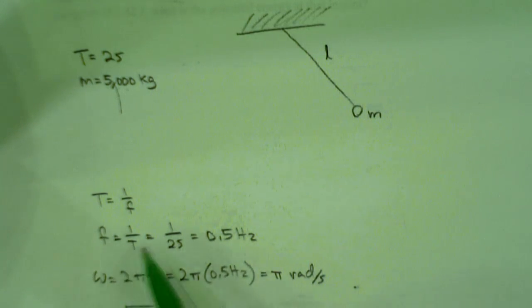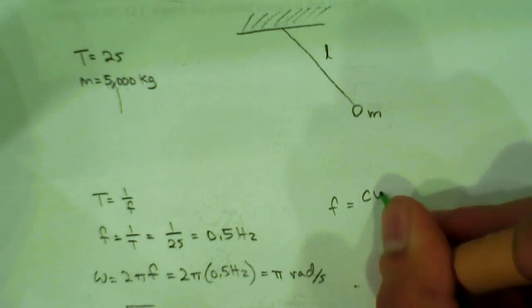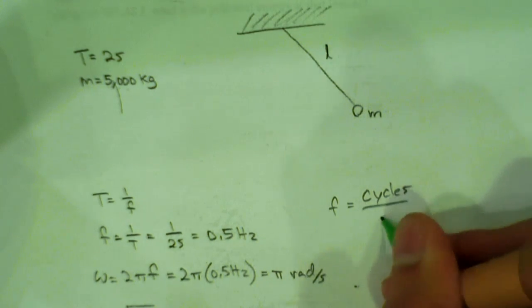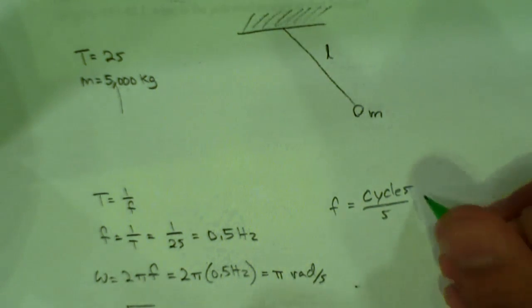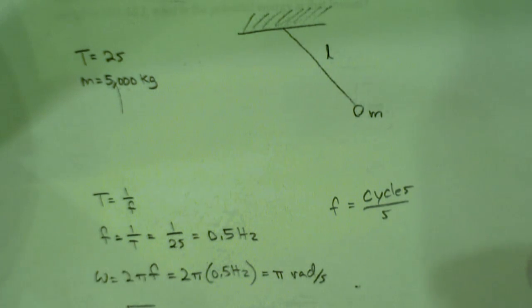And if you think about this equation, it really is just conversion. So if you do dimensional analysis, frequency is cycles per second, right? And we want to get to radians per second, right?